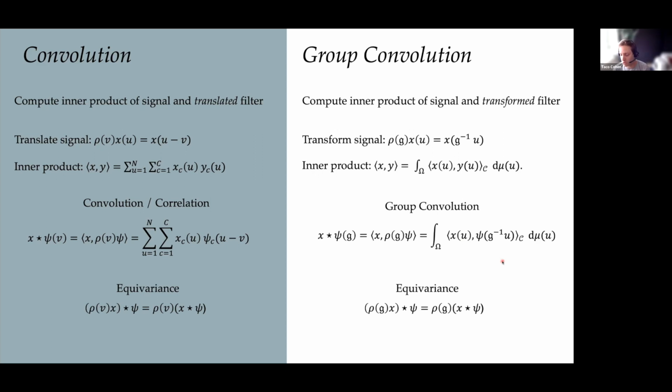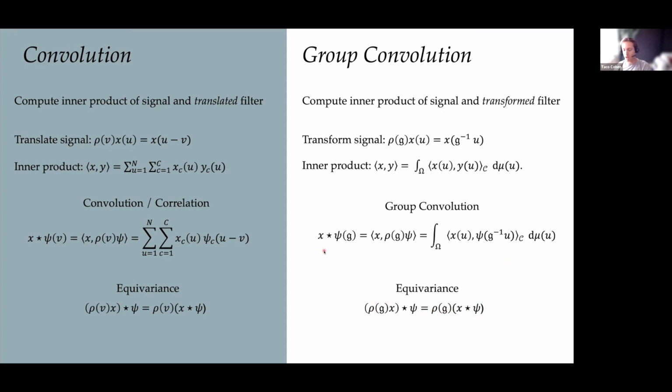And in both cases, using a completely analogous derivation, you can show that this operation is equivariant, meaning that if you apply a transformation G to your input signal, that's equivalent to just doing the convolution with the original signal and then transforming the output.